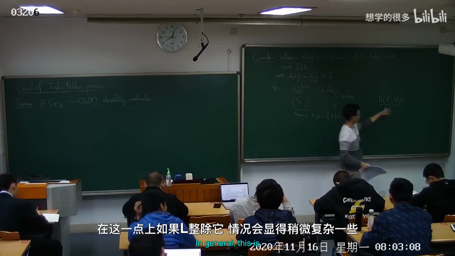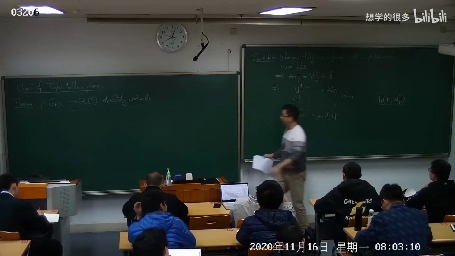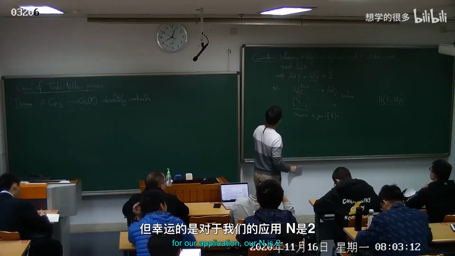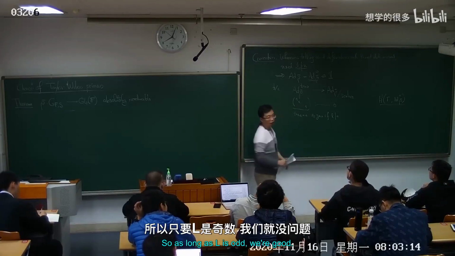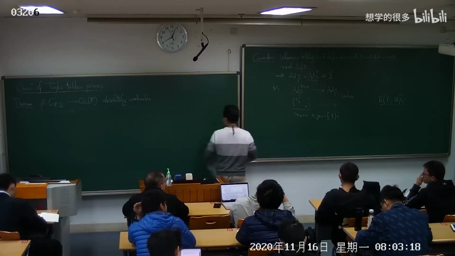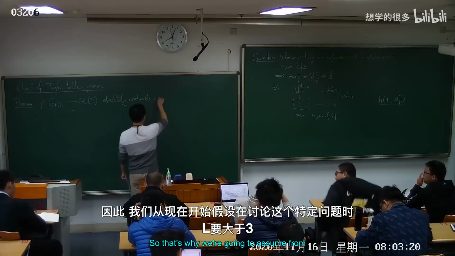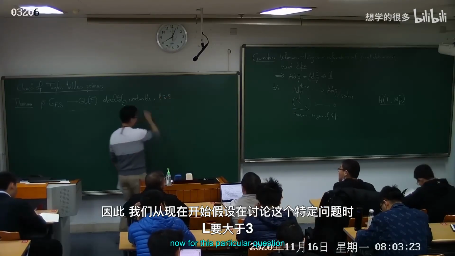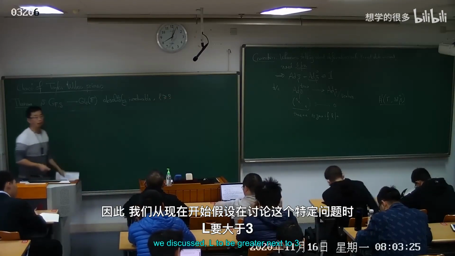In general, this is a bit more subtle if L divides N. But luckily for our application, our N is 2, so as long as L is odd, we're good. So from now on, for this particular question, we're going to assume L is greater than or equal to 3.